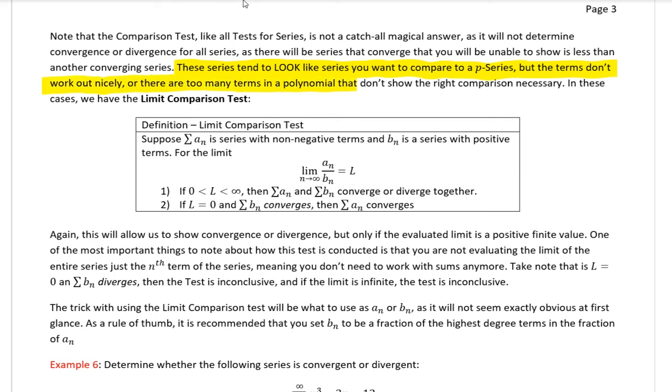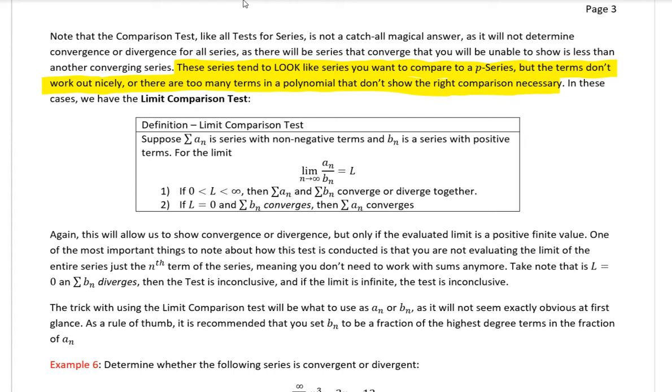Or there are too many terms in the polynomial that don't show the right comparison necessary. So maybe if I had a minus in a polynomial instead of a plus somewhere, and that let me not show either greater than or less than. So if they look like you want to do a comparison, but it doesn't just work out nice, try doing what we're going to call a limit comparison test.